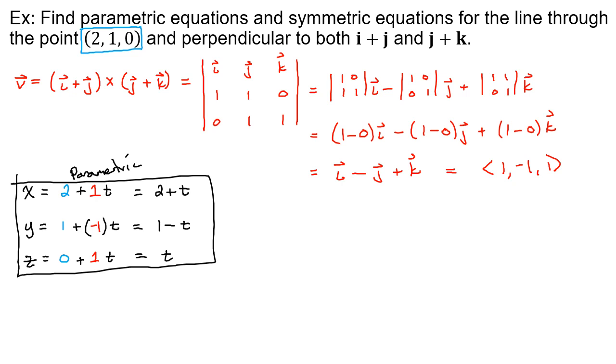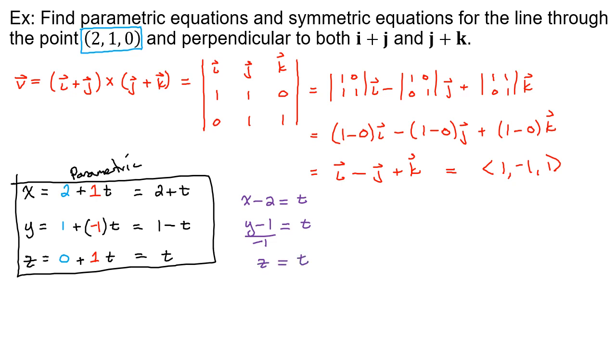It also asks me to find the symmetric ones, so I have to take those and solve for t, which is not too hard here since it's just a t on most of them. But I'll have an x minus 2 to give me t. I'll have a y minus 1 equals negative t, so I'd have to divide by negative 1 on that one. And if z equals t, well then z equals t. You already solved for it.